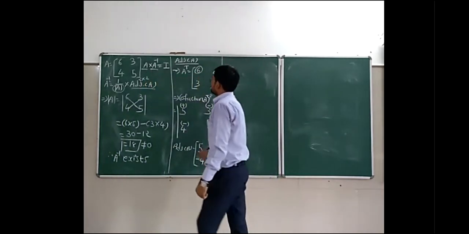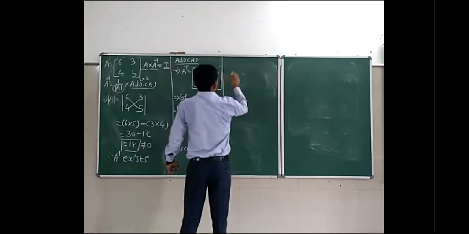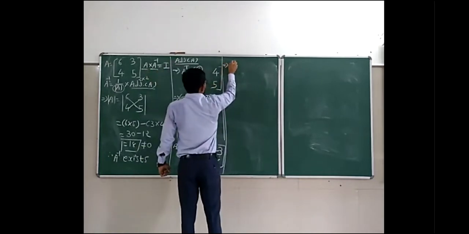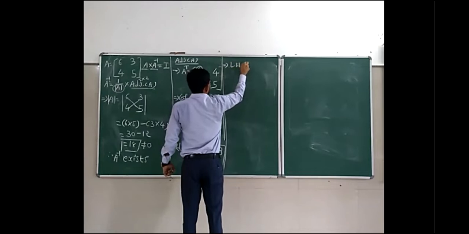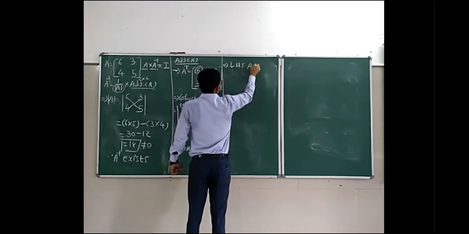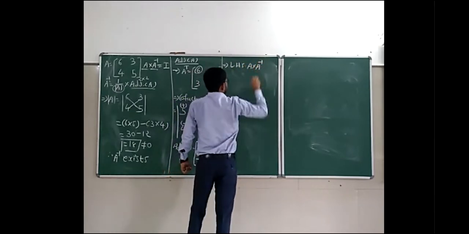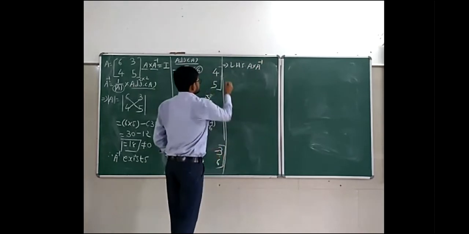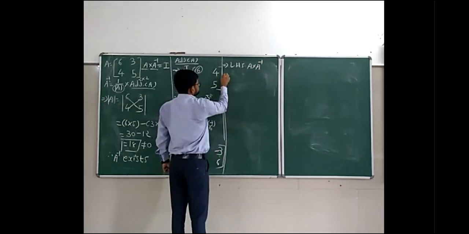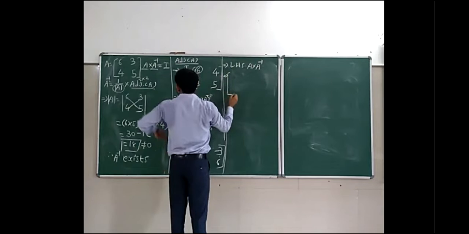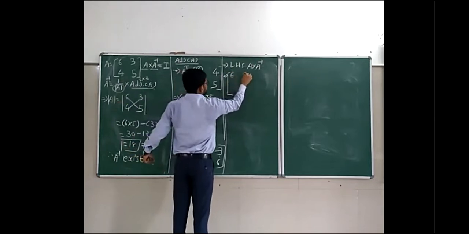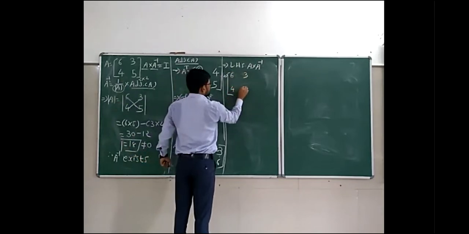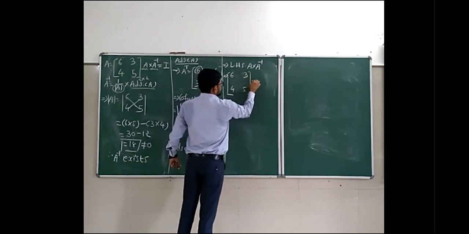Now we'll write this condition, the left hand side. What is the left hand side? LHS is A into A inverse. Okay. So please write down A first: 6, 3, 4, 5 into.